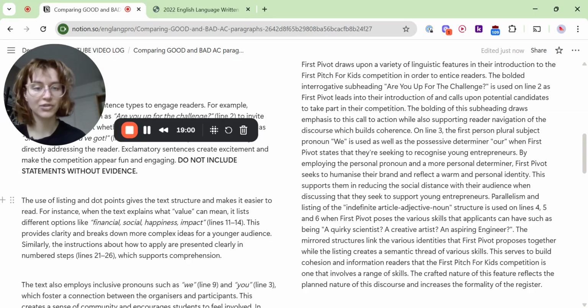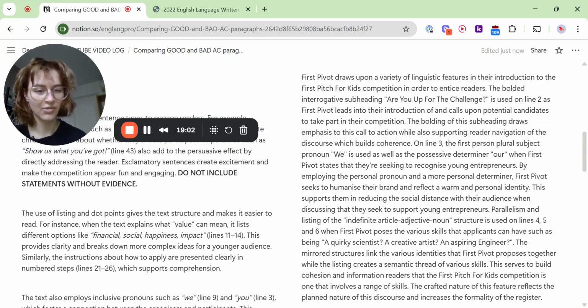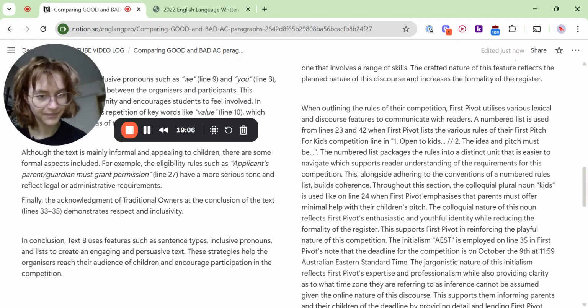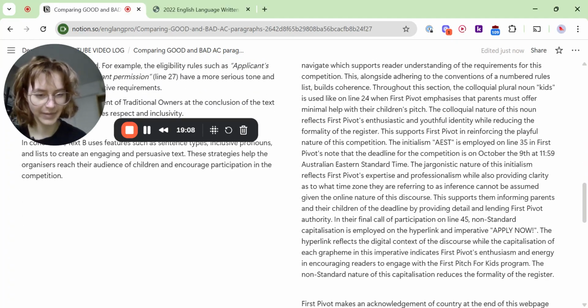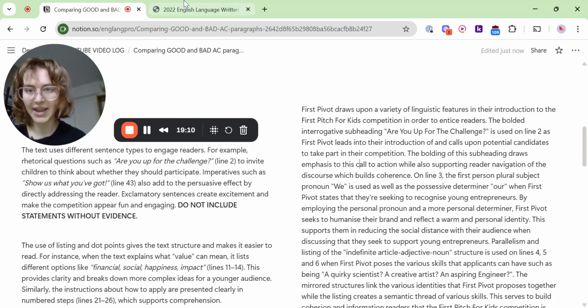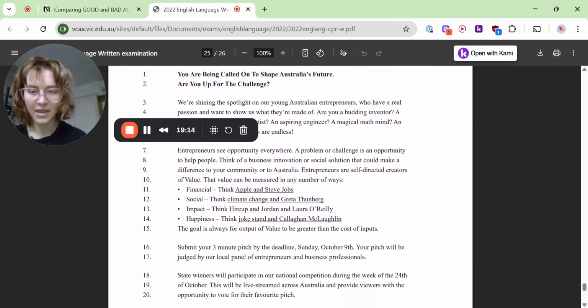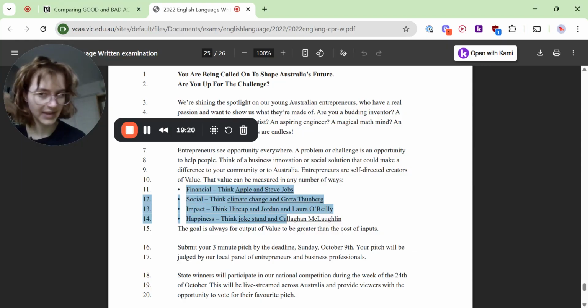So financial, social, happiness, impact, they actually talk about it in this side as well, I think. Maybe they don't. But either way, when they list it out here, you need to talk about more than just the fact that they've listed out value.